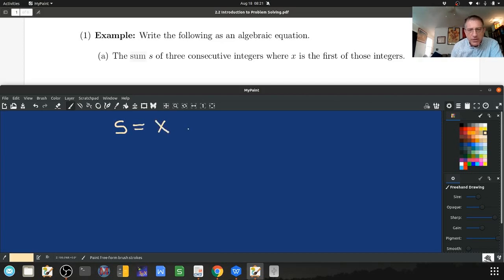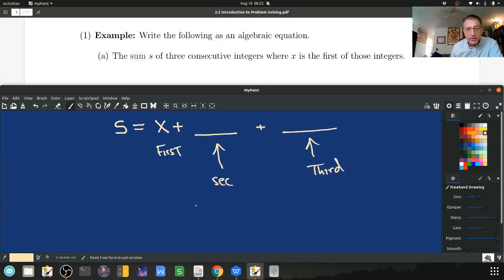That's going to be my first consecutive integer, but then I have to add 2 other items in the sum. So this is going to be my first, this is going to have to be my second consecutive integer, and this is going to have to be my third.